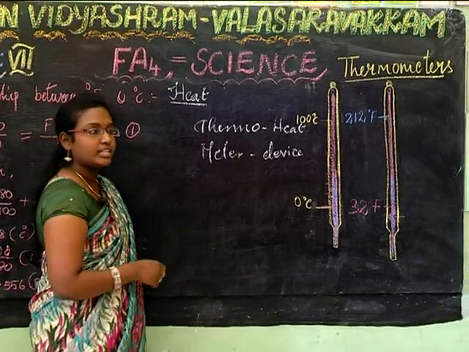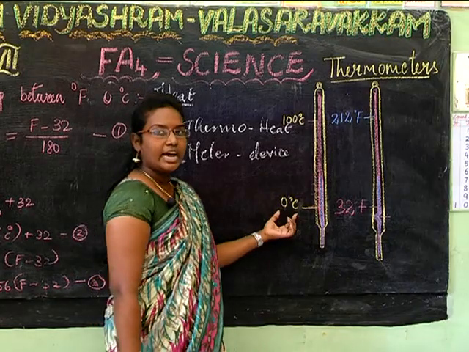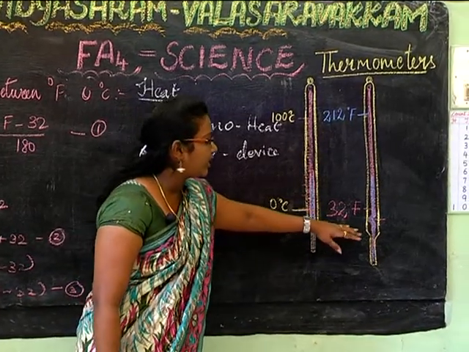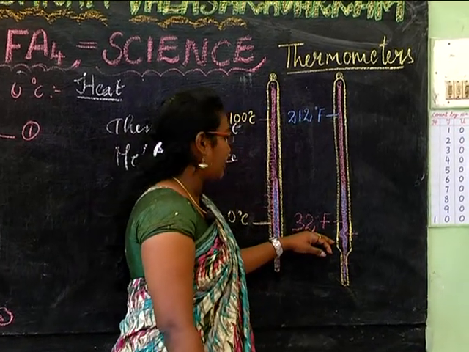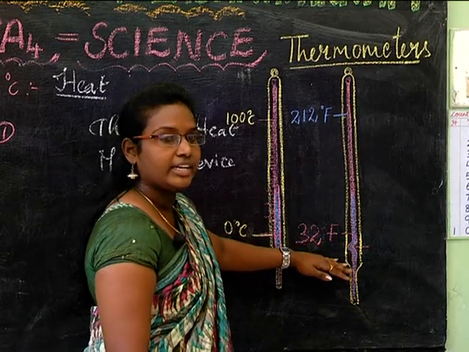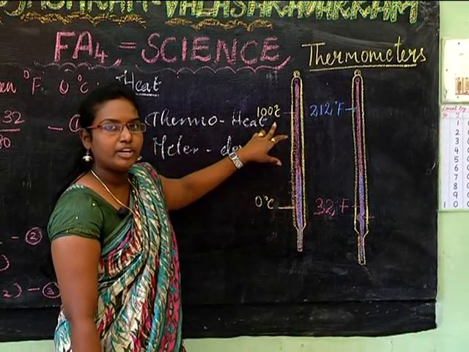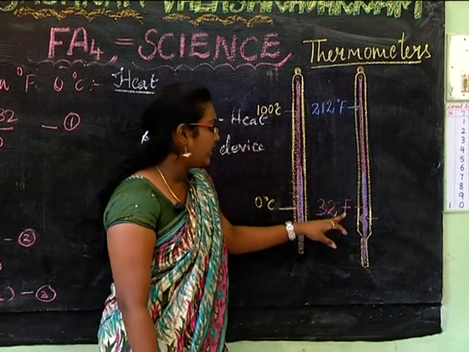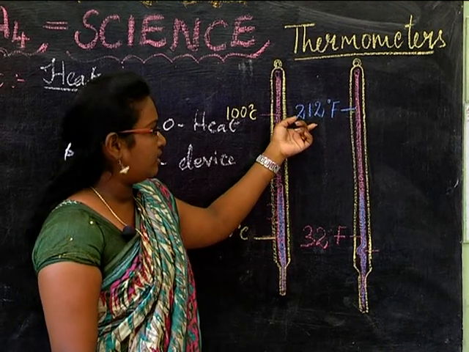The Celsius thermometer was introduced by the scientist Anders Celsius, and Fahrenheit was given by the scientist Daniel Gabriel Fahrenheit. The reading in Celsius is from 0 to 100 degrees Celsius, and in Fahrenheit it is from 32 to 212 degrees Fahrenheit.